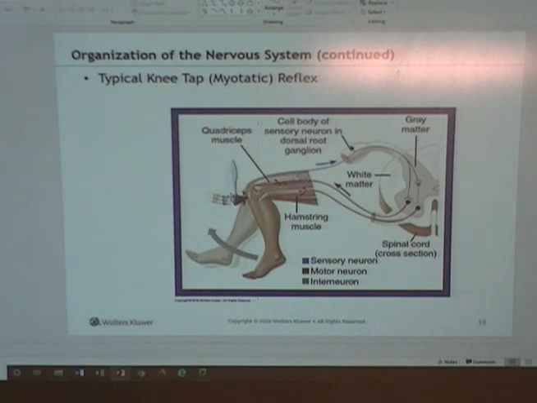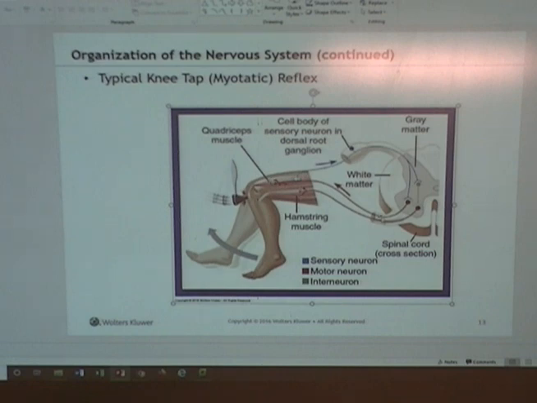All right, when we tap the patellar tendon, we stretch the quadricep a little bit, and that stretches the sensory organ, which in this case is a muscle spindle, which sends a signal to the spinal column, and it synapses immediately with the motor nerve that comes back to the quadricep and causes a contraction in the quadricep.